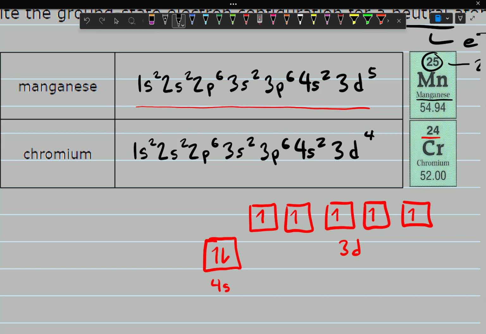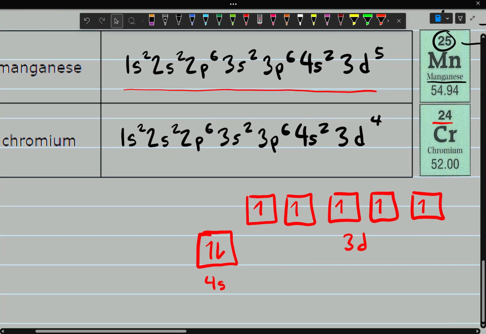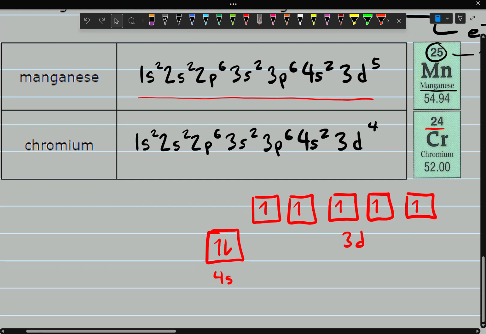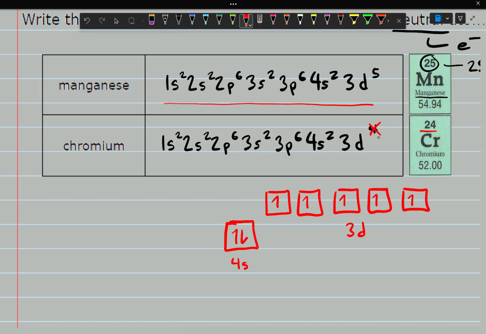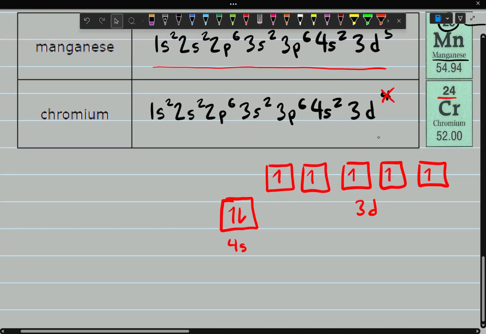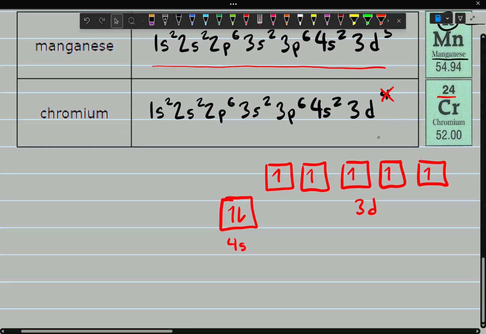And the reason that that's wrong is because when electrons are filling up the orbitals, they have two states that they are going to automatically reside in. They have two preferred states.